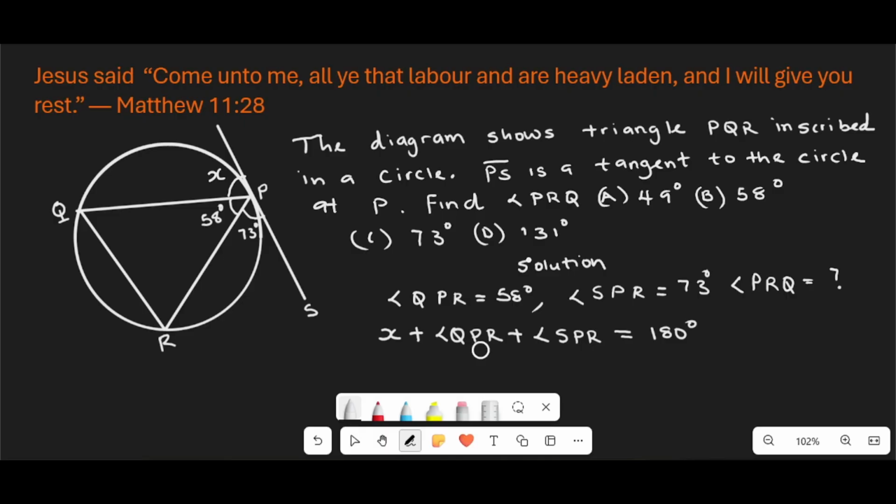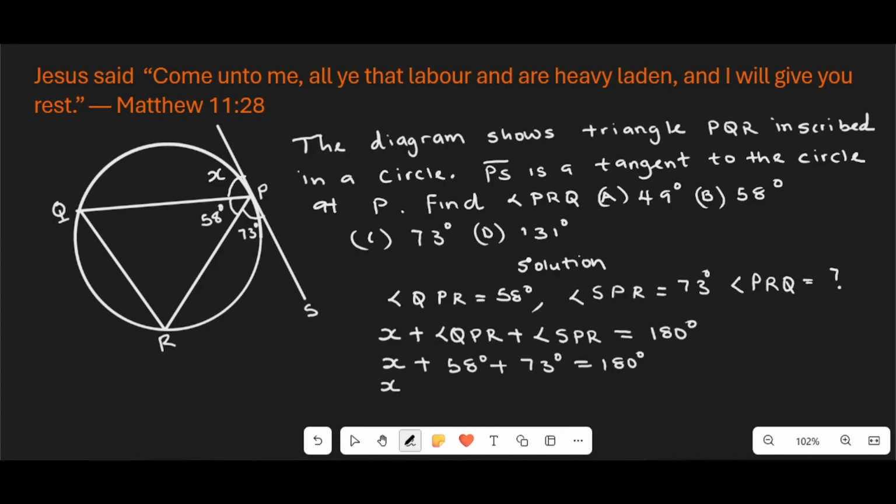So let us substitute the values of angle QPR and angle SPR into this equation. X plus 58 degrees plus 73 degrees equal to 180 degrees.